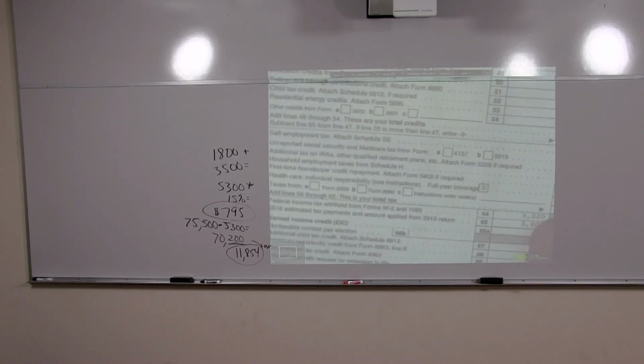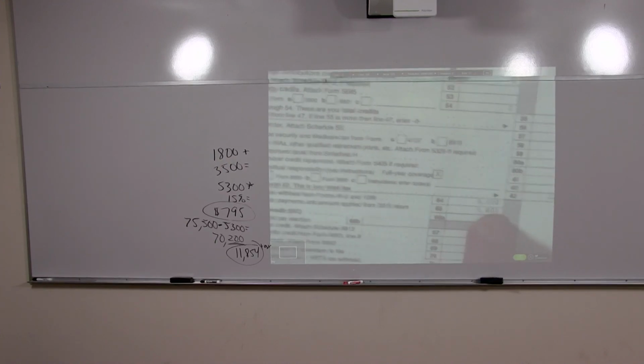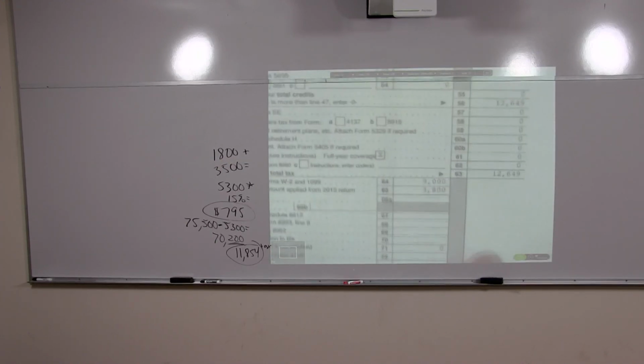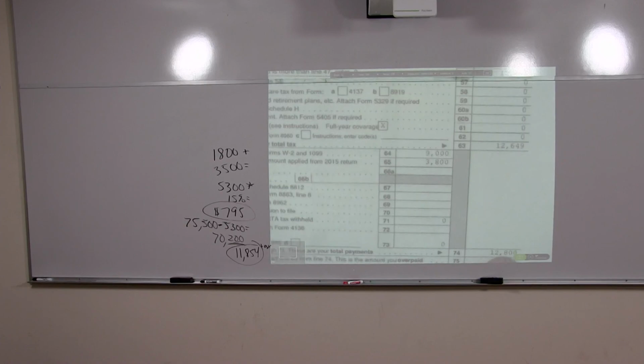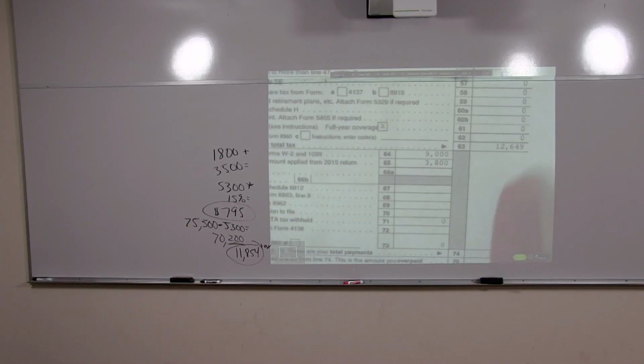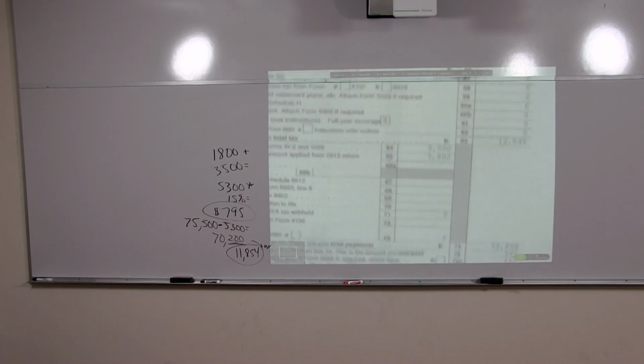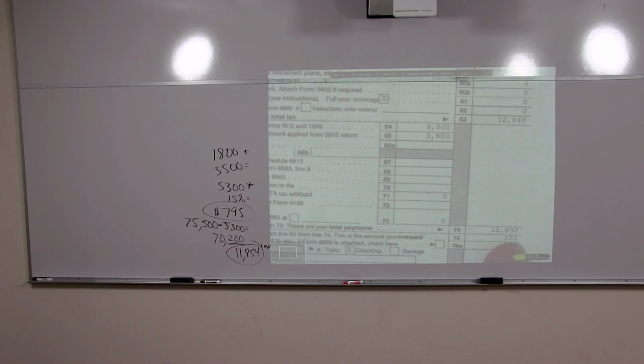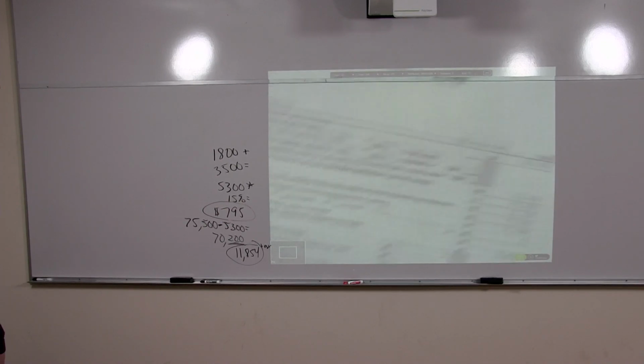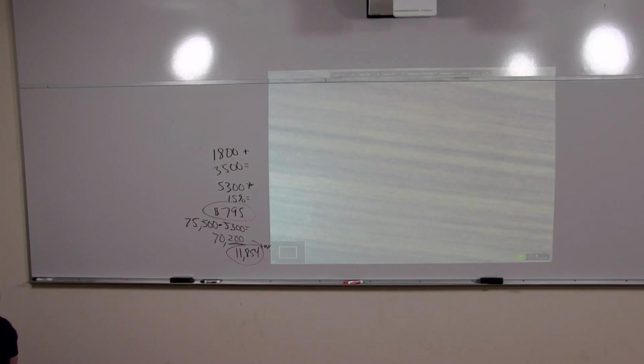So she had $9,000 of federal income tax, not state, withheld, and she had $3,800 of additional estimated payments, which means she made total payments to the IRS of $12,800. When we subtract our total payments from our total liability, you can see that she has a refund of $151. Okay, and that is it for our sample return.